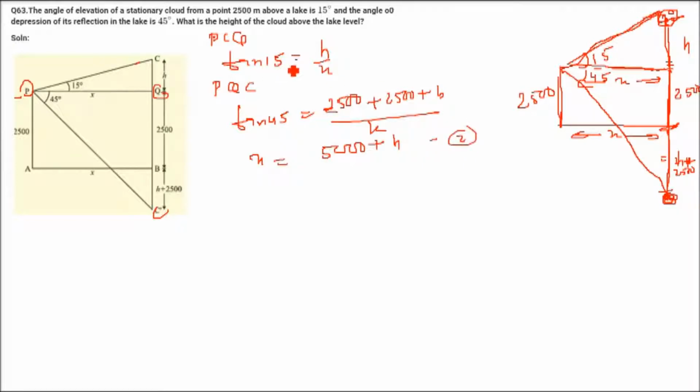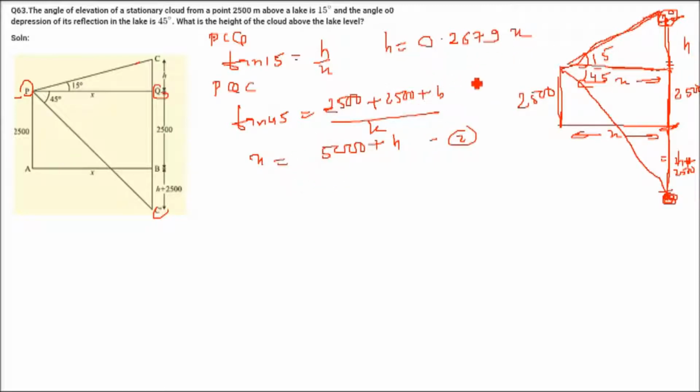In the first equation, we have to find tan 15 degrees, which is 0.2679. So h equals 0.2679 times x.